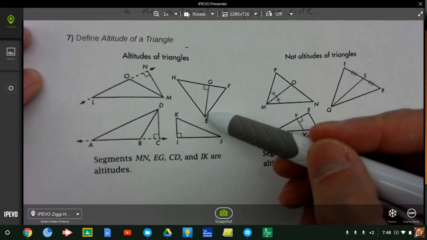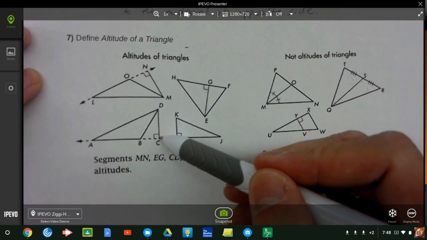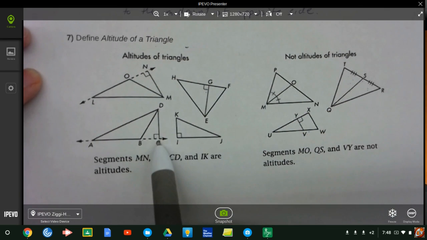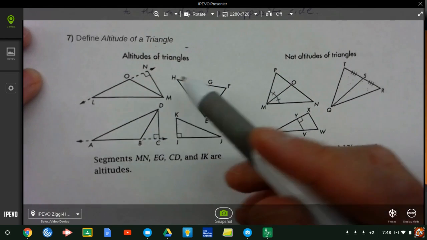And here we're connecting from vertex to a side, making a right angle. Vertex to a side, making a right angle. Even though it's not really going to the side, it's going somewhat like that. Vertex to a side, even though it is a side.